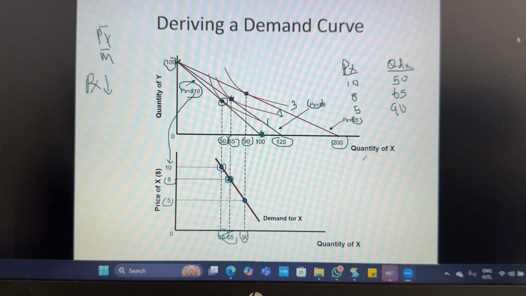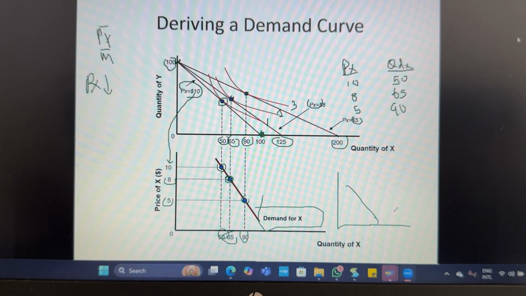After marking these points, you can join all of them with a line. This is actually the demand curve for commodity X. So it is downward sloping, coming from indifference curve analysis. This is how you can construct the demand curve with the help of indifference curve analysis.